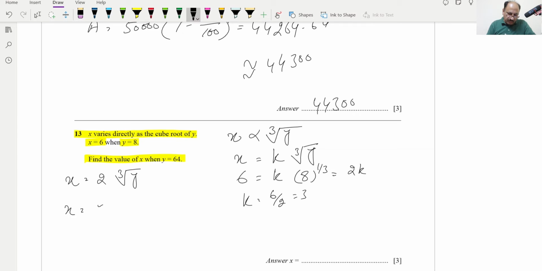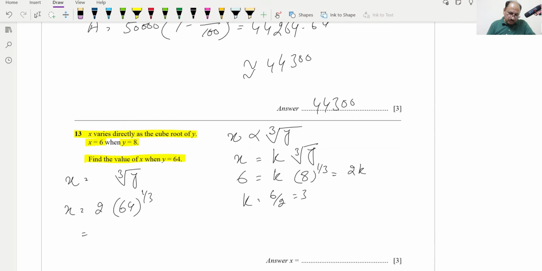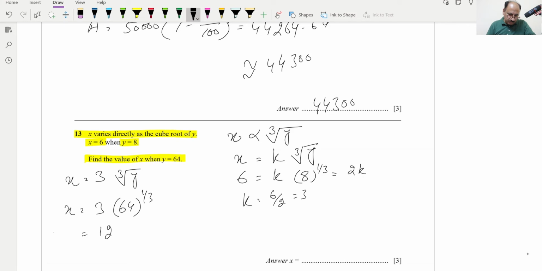So we have to find x when y is 64, the cube root of 64 is 4, so 4 multiplied by 3 will be equal to 12. So the answer will be 12. X is equal to 12 will be the final answer.